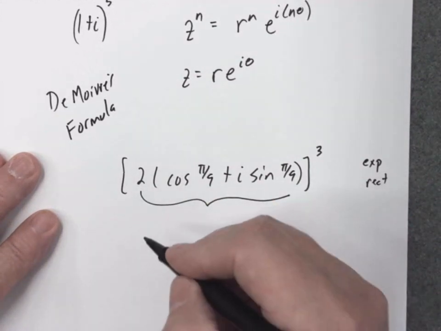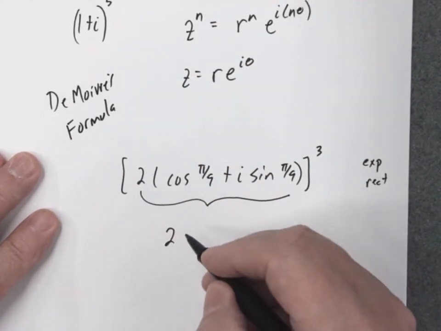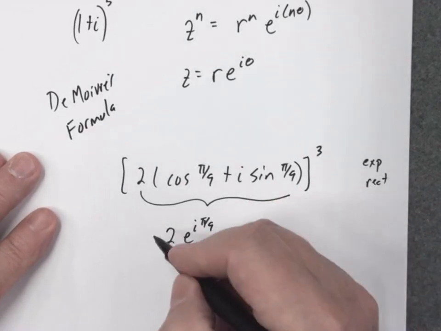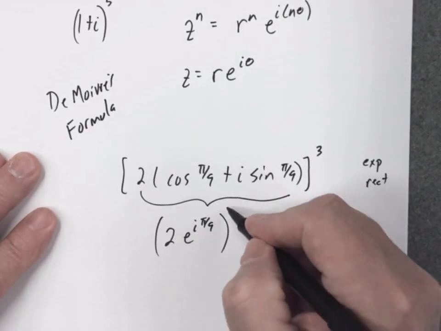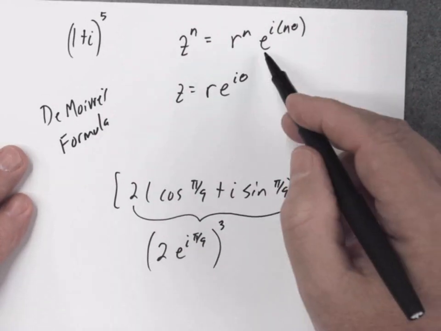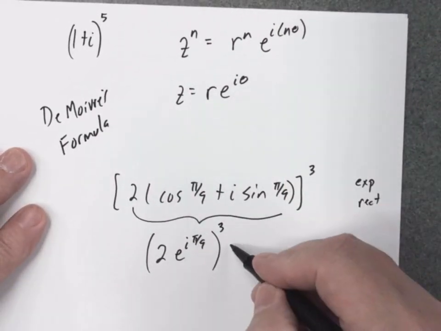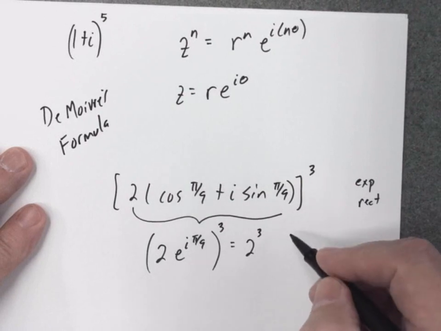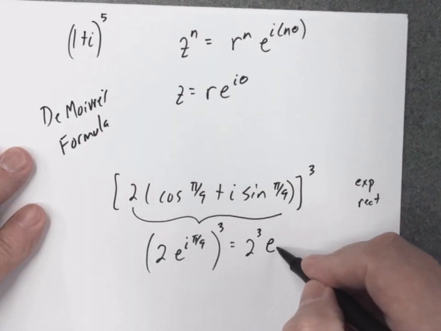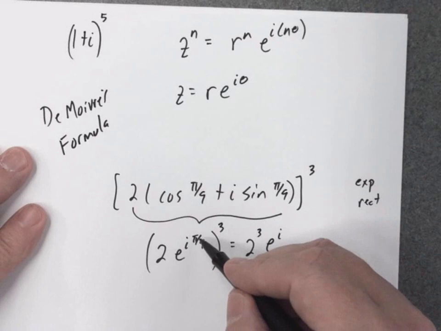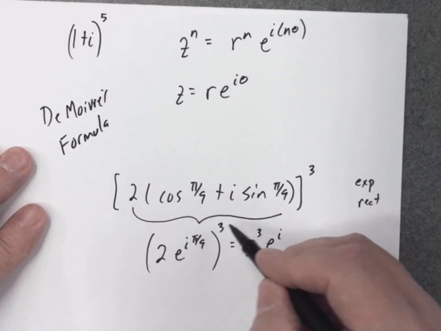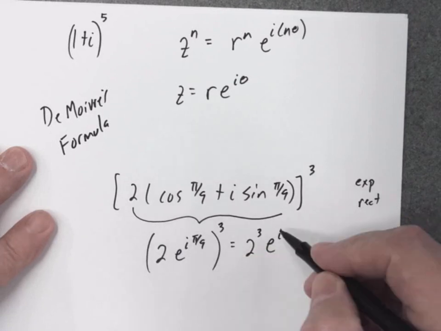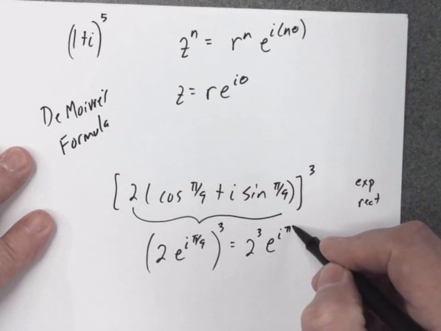and then we can use our DeMoivre's formula. So in exponential form, it's going to be 2 e to the i pi over 9. And now we're going to raise that to the third power. And now we can simply use this formula. So it's 2 cubed e to the i, and then you take the angle and multiply it by the power.